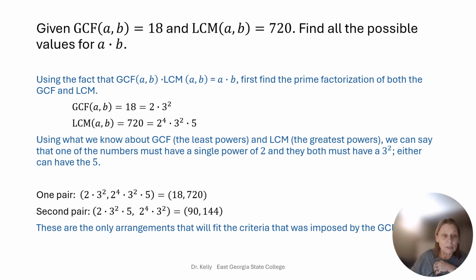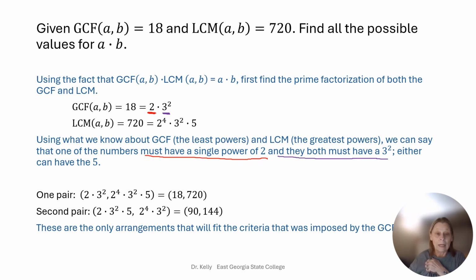One of them is going to have a single power of 2 because the GCF says that at the minimum, because the GCF isn't 2 squared, it's 2. So one of them can only have one power of 2. Okay, so one of them must have a single power of 2 because of that GCF. They both, for the same reason, because of the GCF, they both have to have a 3 squared in it because that is the definition as well.